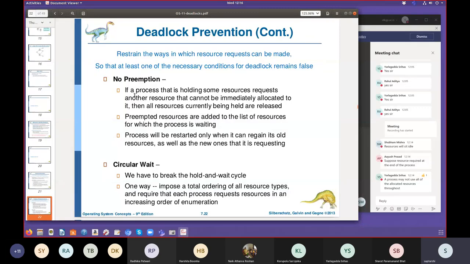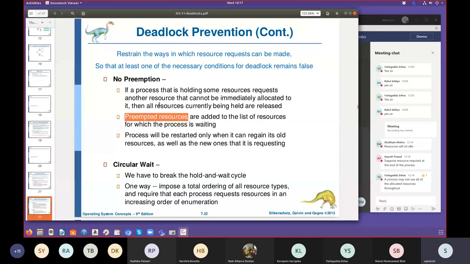How? Let's say the OS makes this rule: if a process that is holding some resources requests another resource that cannot be immediately allocated to it, that means this process has to be blocked, then all resources currently being held by this process are released. All these released resources, which are called preempted resources, are added to the list of available resources so that other processes can use them.